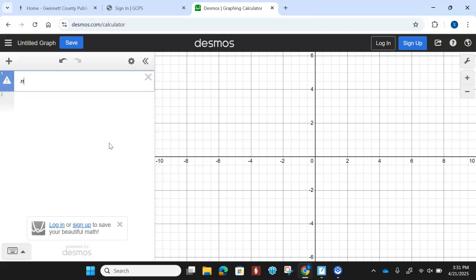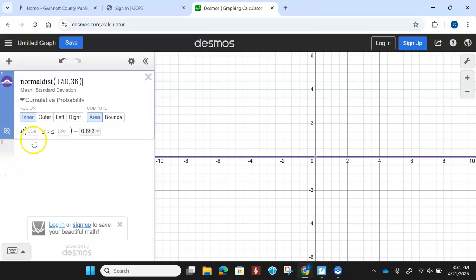And here we go. So normal distribution, then our mean is 150, comma 36. So there's your standard deviation. Then click on cumulative probability. So then here, remember that lower amount, at least 100, and boom, notice how it automatically goes to infinity. So here's your probability, 0.918.